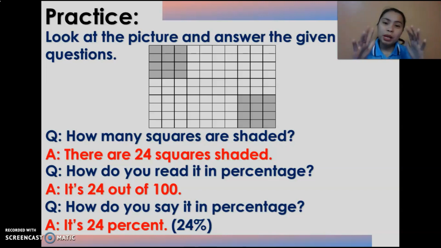And showing it in a picture, you just need to count the shaded parts, and then read and write those into a percent.